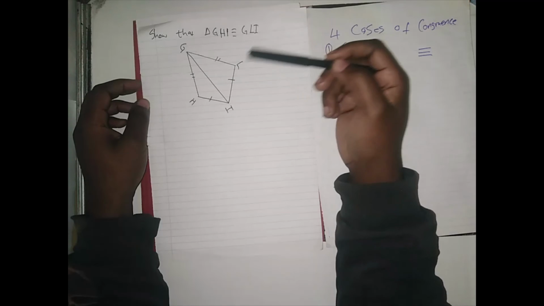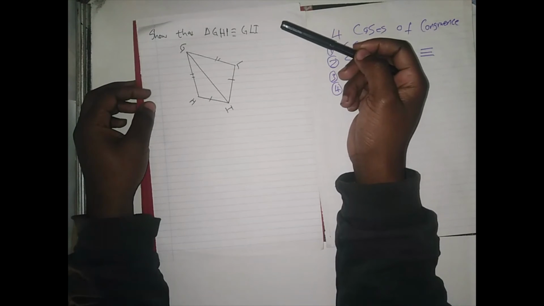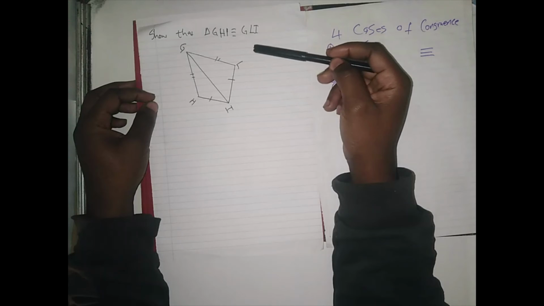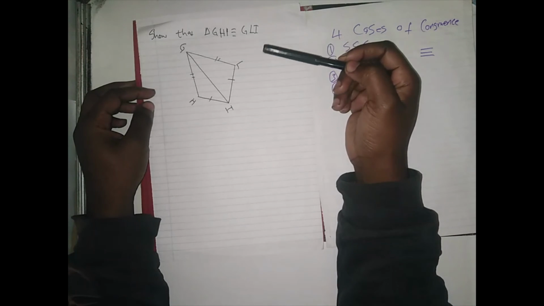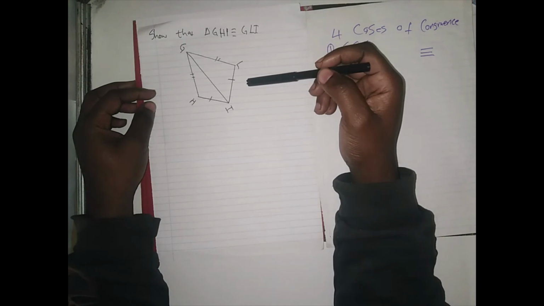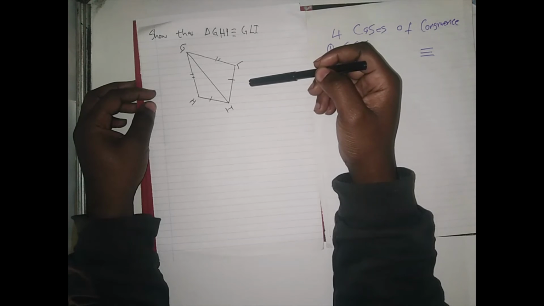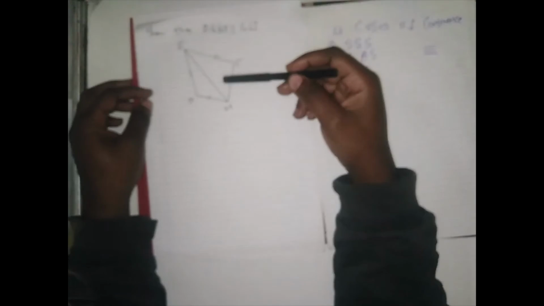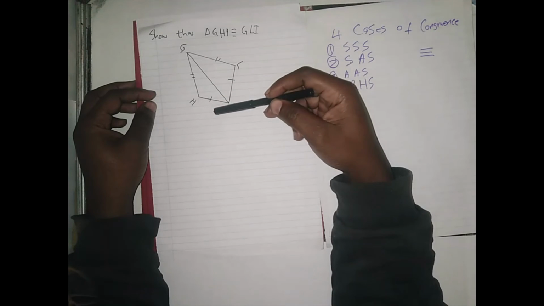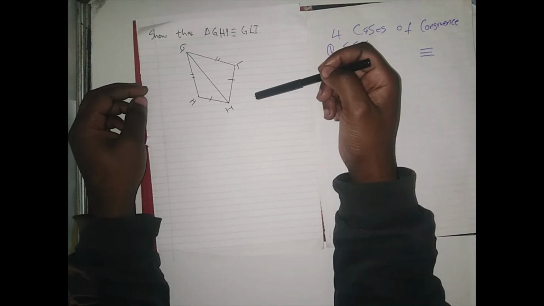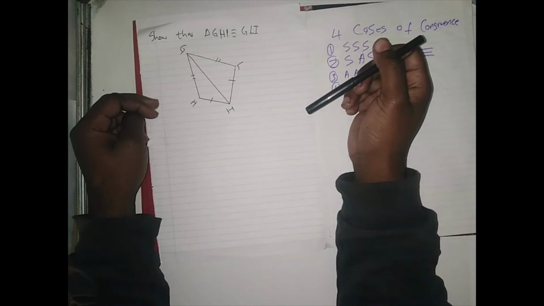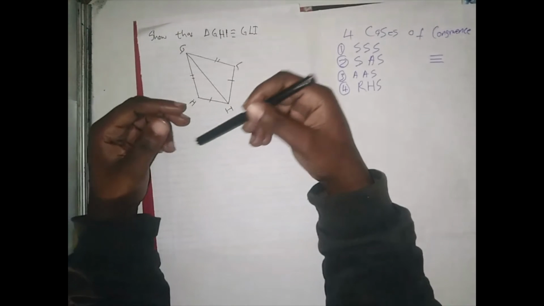It's because there may be some typing error when you are busy writing this shape. It can also be the fact that, remember, there's something that they always say in papers, that shapes are not drawn to scale. So that is why this one can look bigger than this one. But if they say this one is equal to this one, it does not matter how it looks. What really matters is what they are saying. So be very careful of that, and please do not be confused by it.